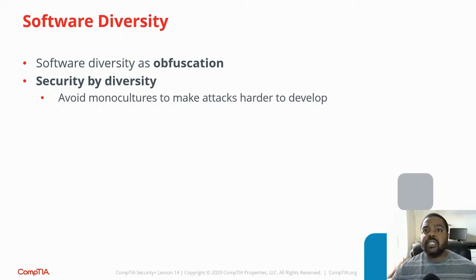The reason why is because when you are just one shop, let's say everybody is on Cisco devices, and then Cisco comes out and says, hey, all of our devices are vulnerable to remote code execution, and it's a very critical vulnerability, and for right now we don't have an answer for it.